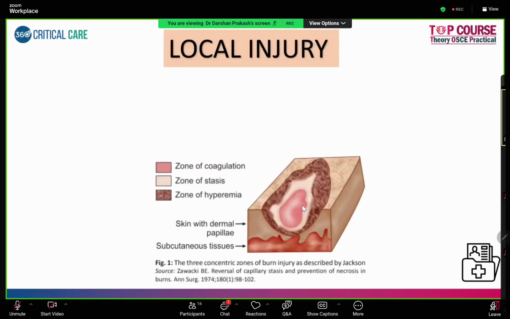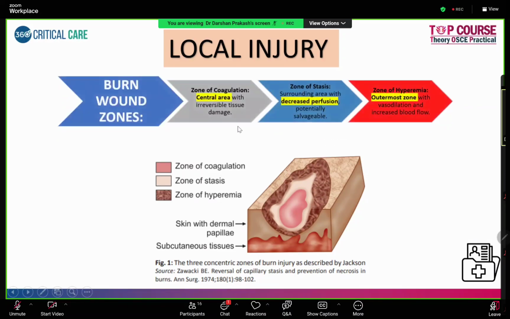Coming to local injury. Whenever we have a burn injury, it usually has these three things in particular: the central zone of coagulation, surrounded by a zone of stasis, and the outermost layer is the zone of hyperemia. So you have the central area, that is the zone of coagulation, surrounded by the zone of stasis, which is again in turn surrounded by the zone of hyperemia.